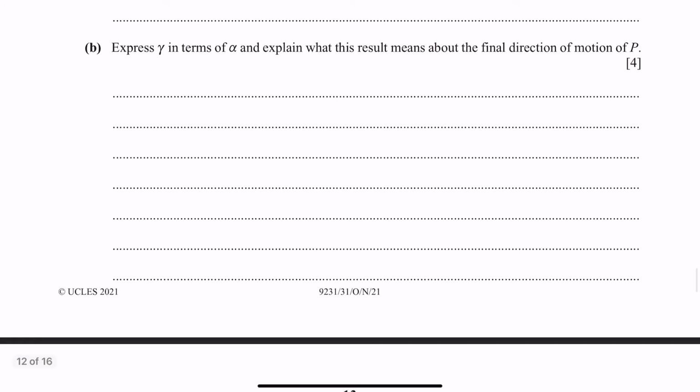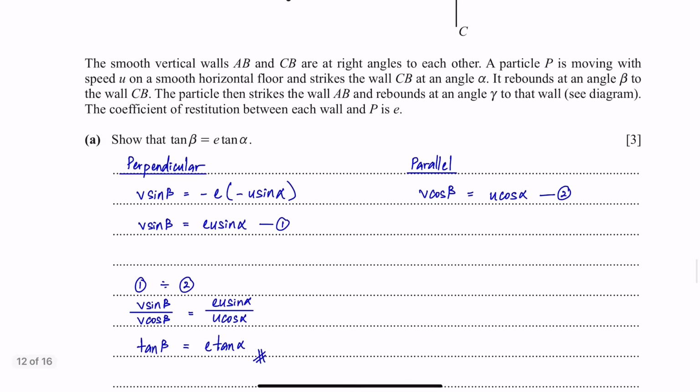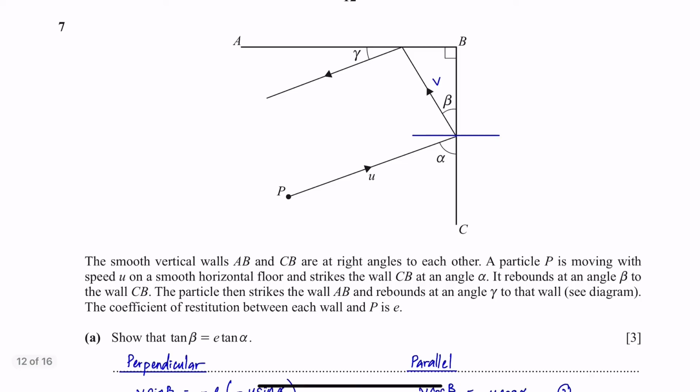And for part B, express gamma in terms of alpha and explain what this result means about the final direction of motion of P. So now we have to look at the second collision. This collision. Alright. So let's call the speed after the second collision w. Same thing.